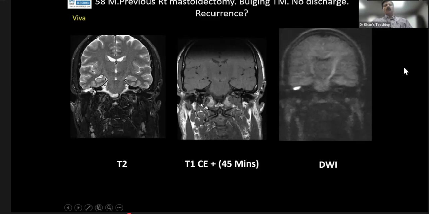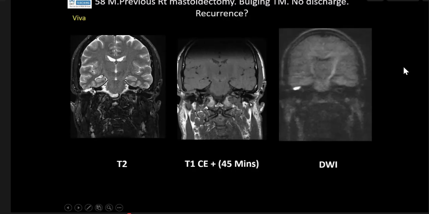So the protocol was that you give contrast, and because there is not enough vascularity there, you do a delayed post-contrast at 45 minutes. In conclusion, an MR with this protocol can differentiate between fluid versus recurrent cholesteatoma versus granulation tissue.